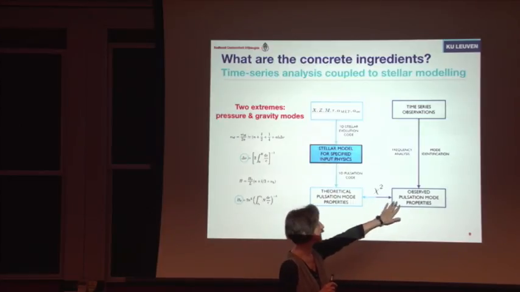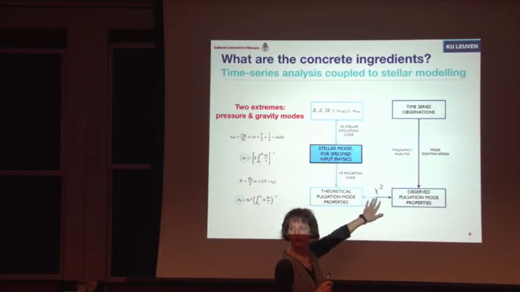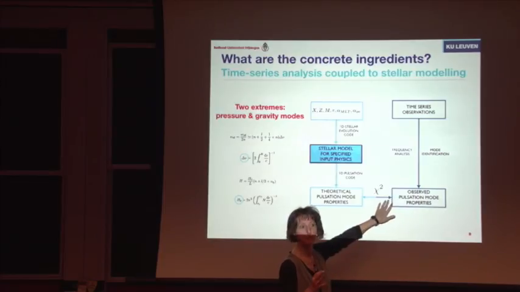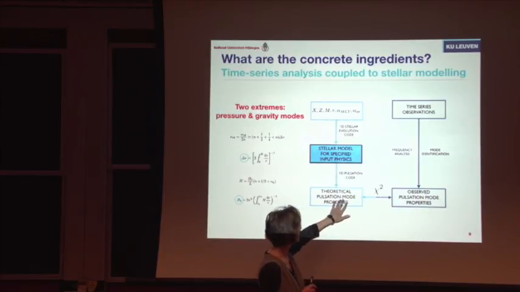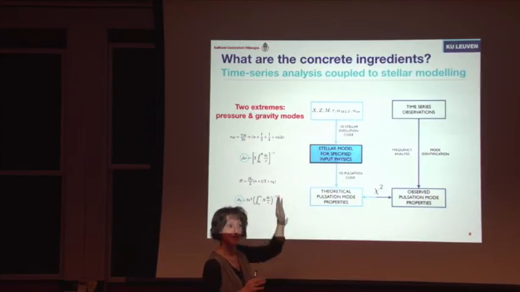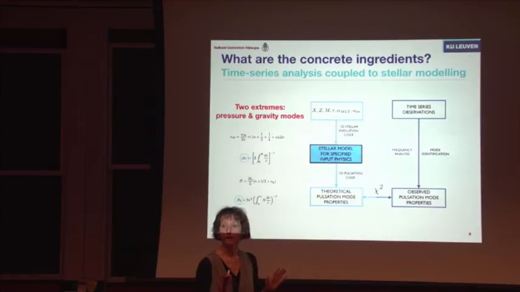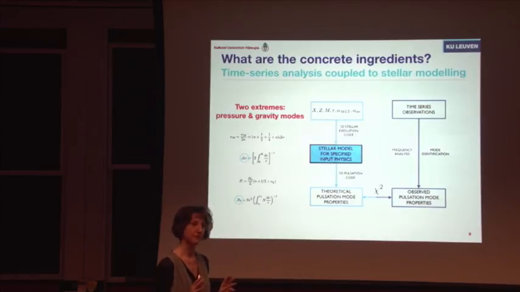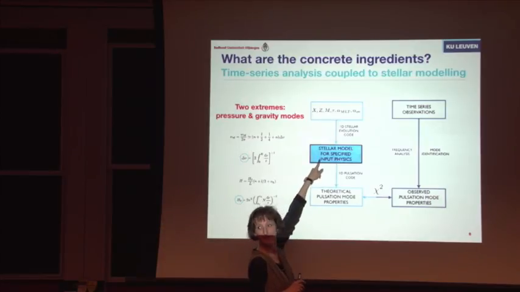And the aim is, well, either this works well, and then people are happy, because we can get a mass, a chemical composition, and an age with a precision that cannot be reached with any other method so far. I am much more happy if it doesn't work. Because if it doesn't work, then that means that this blue box here is not optimal, and that's what I would like to work on.